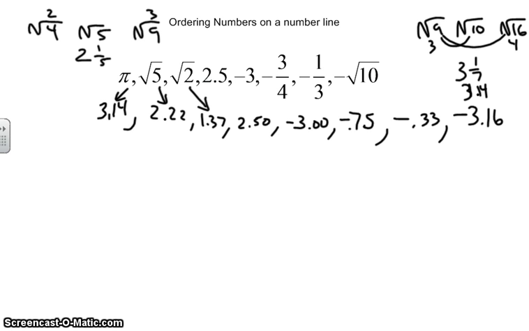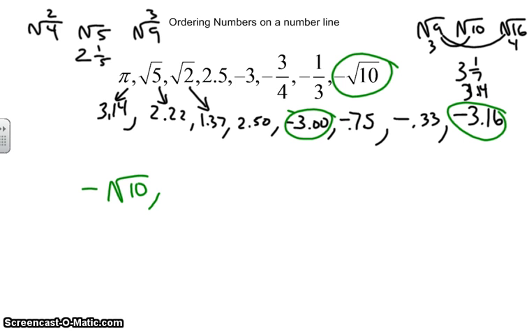Now we've got to put them on a number line. My biggest negative is my smallest number. So I'm going to look at all these, find my biggest negative. Well, that would be right here. Negative 3.16, which is negative square root of 10. So I'll go negative square root of 10. That is my smallest number. My next smallest number, well, that'd be negative 3.